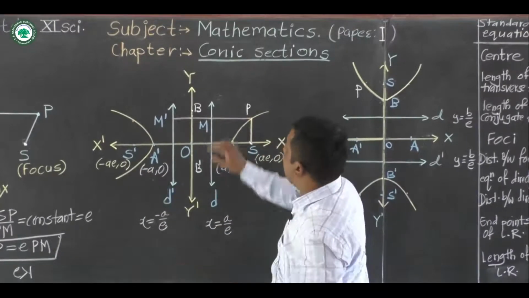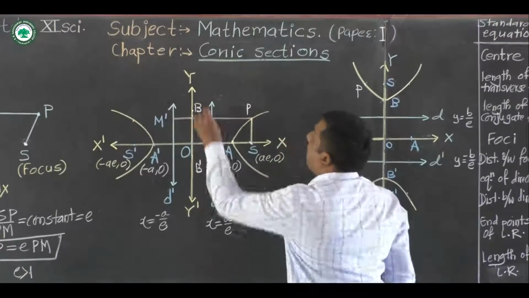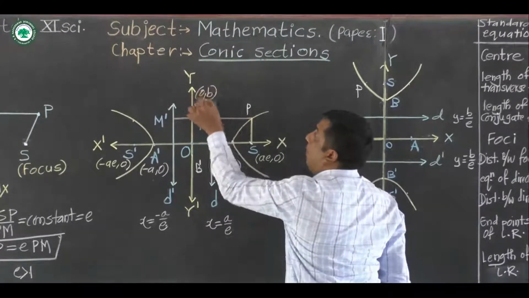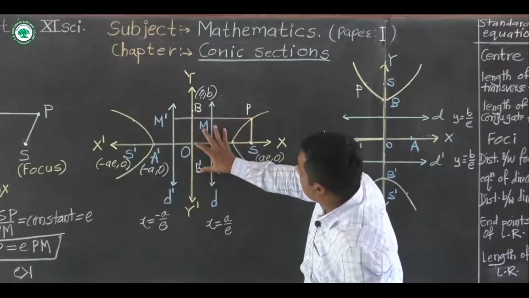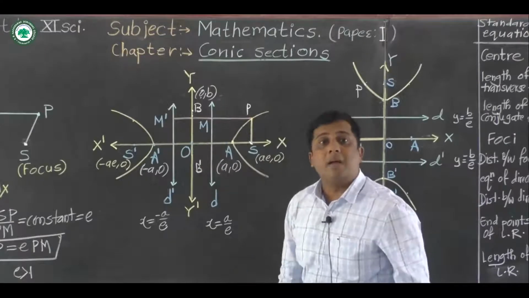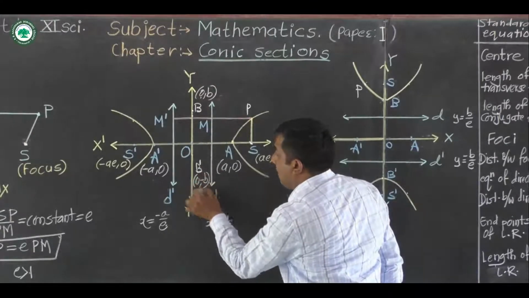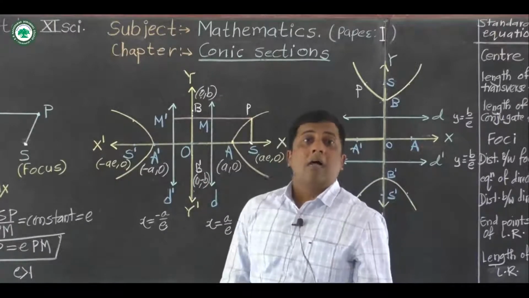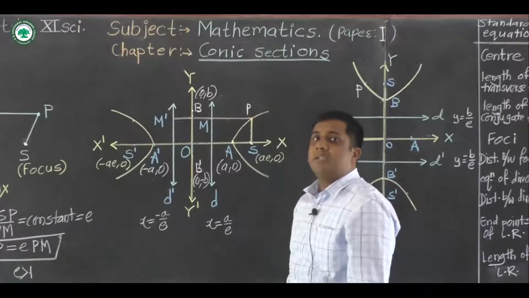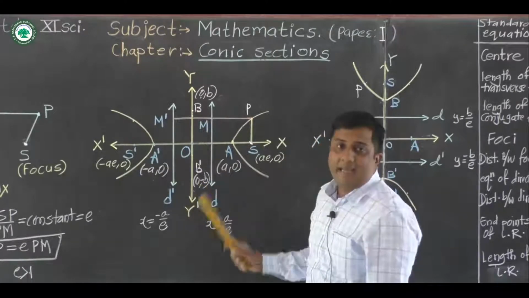Similarly, we consider the distance OB as b, so the coordinates of B are (0, b), and for B dash the distance OB dash is b, so the coordinates of B dash are (0, minus b). So to define the hyperbola, we consider the points A dash, B and B dash.